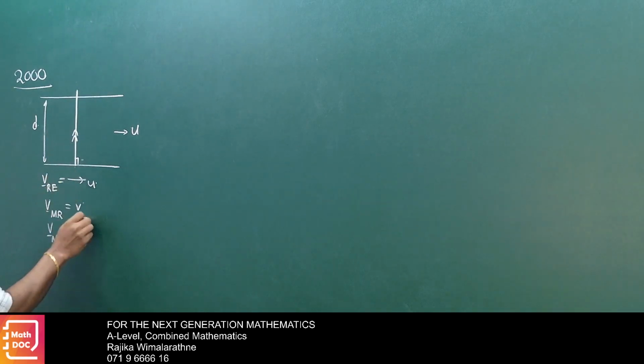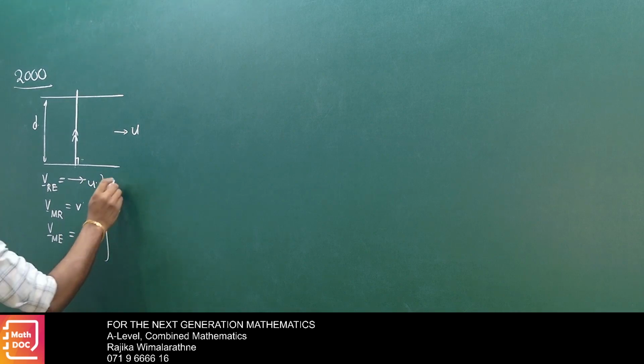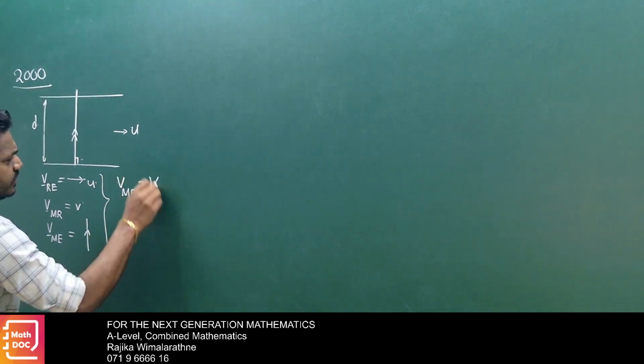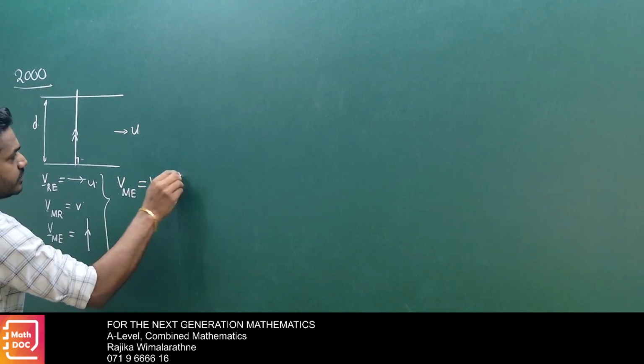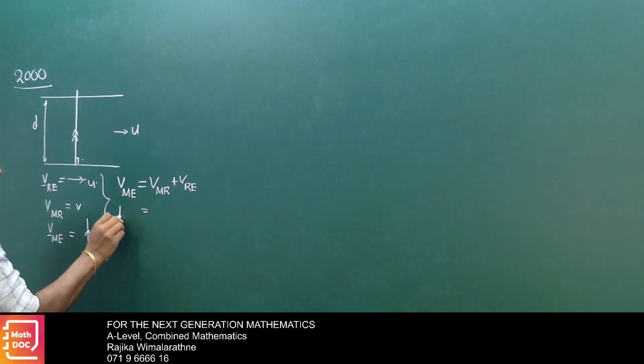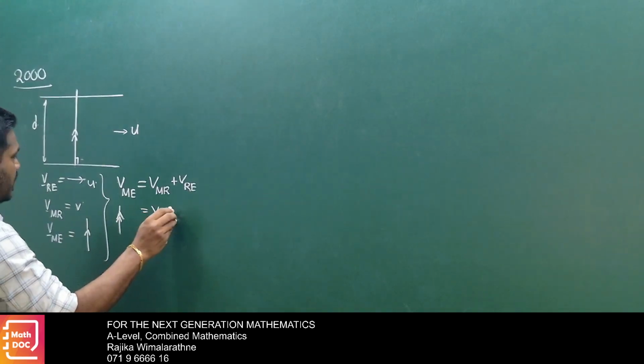With this data, identify the known quantities and directions, and write the relative velocity theorem: ME, MR, RE. Then MR is v and RE is u.